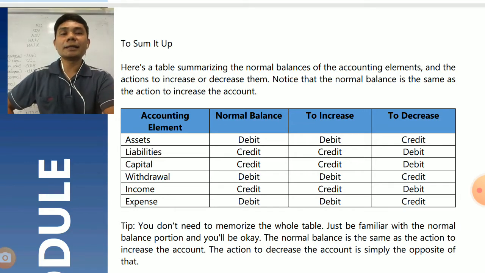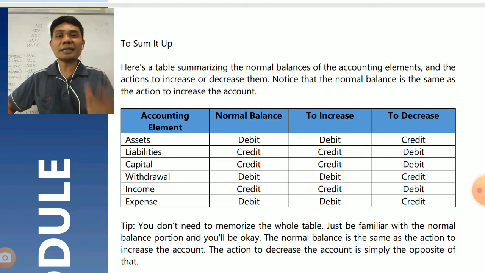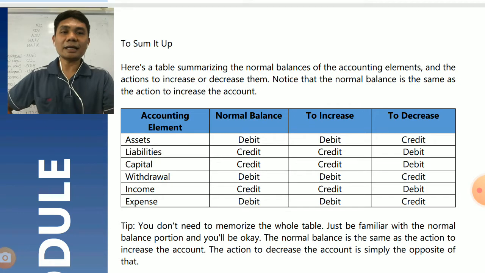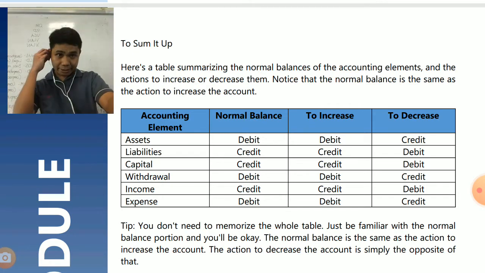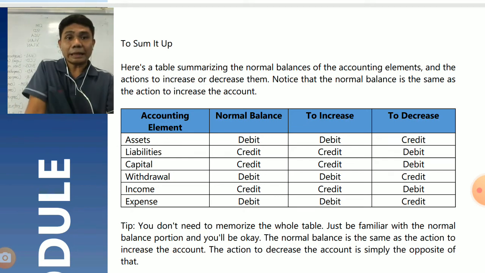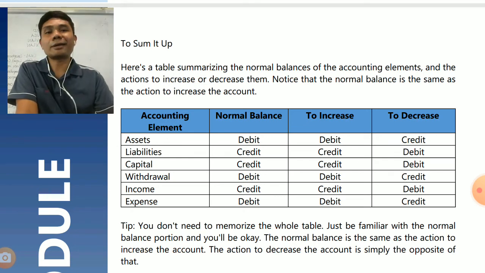Expense: the normal balance is debit. Meaning, expense increases when you debit it. When you recognize an expense, you use the debit side to signify an increase. But if it decreases, you credit the expense account.